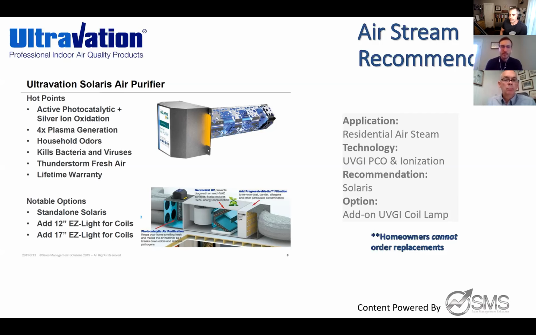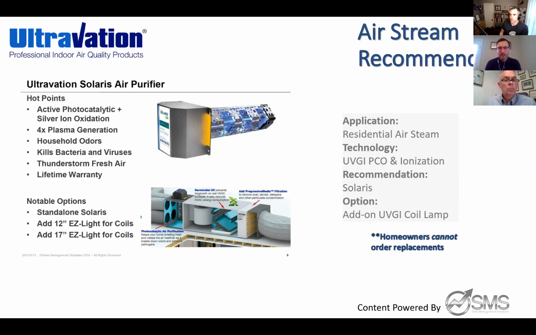It's a standalone Solaris with the option to add a 12-inch or 17-inch Easy Light for coil treatment. So in a nutshell, this does UV light, PCO, and ionization all in the Airstream.